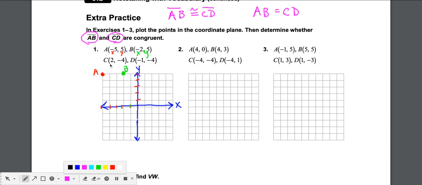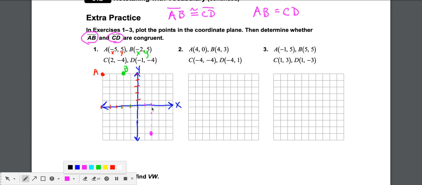Let's keep plotting. On this one, we have 2, -4. So I'm going to go over 2, 1, 2, and then -4 is to go all the way down here, 1, 2, 3, and 4, and make a point right there. Essentially I went over and down.